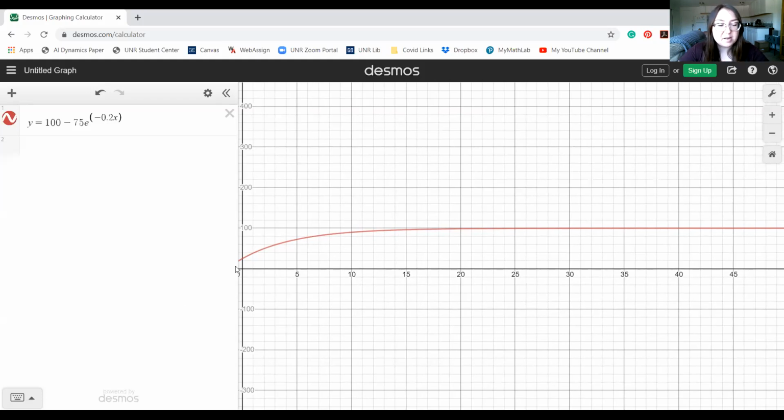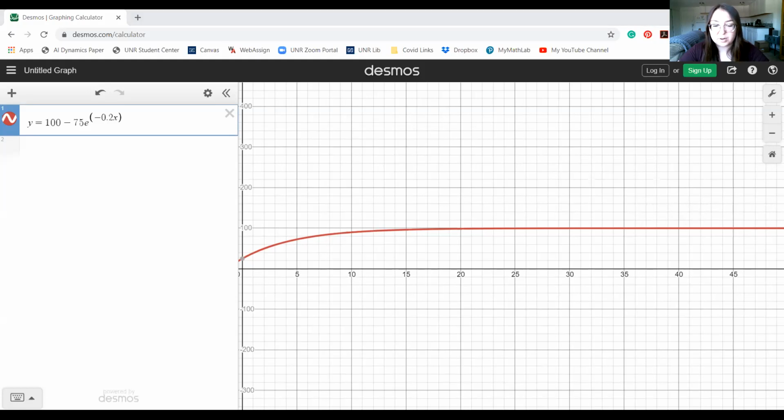We can tell by our graph that the limiting value must be 100, because we're getting closer and closer to 100, but we'll never actually reach 100. That means 100 is our limiting value. And since this isn't in 1,000s, we know that this is going to be 100,000. So our assets are going to cap at 100,000.